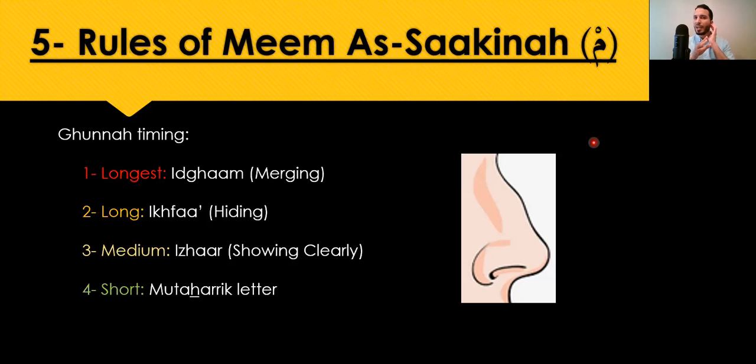So there's no meme altogether. That's why they say when those 3 letters are close to each other and one of them has a sukoon and is followed by the other, make sure you make it clear. غير المغضوب عليهم ولا الضالين. Okay, so keep that in mind.